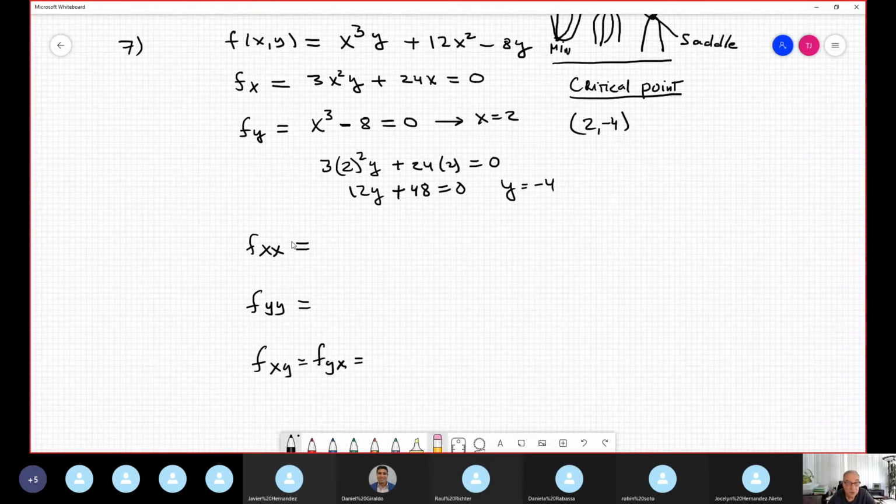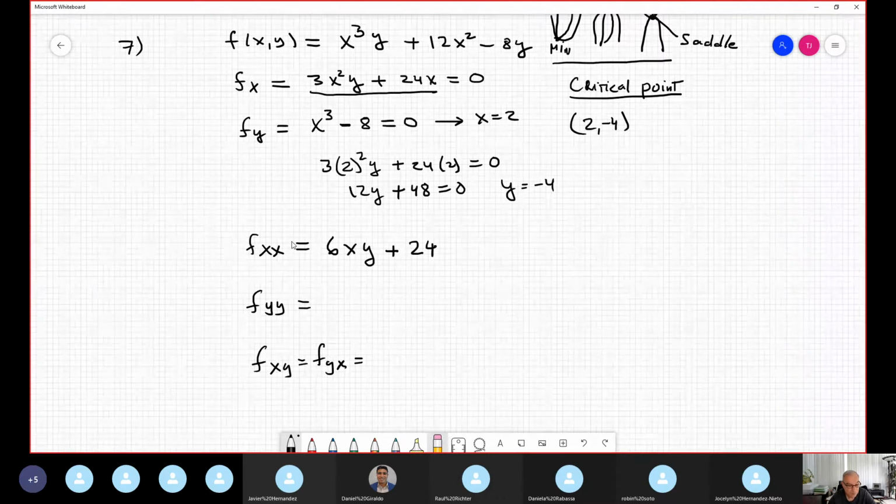The differentiation of this with respect to x is 6xy plus 24. And the second derivative with respect to y: we have no y here, entonces 0.